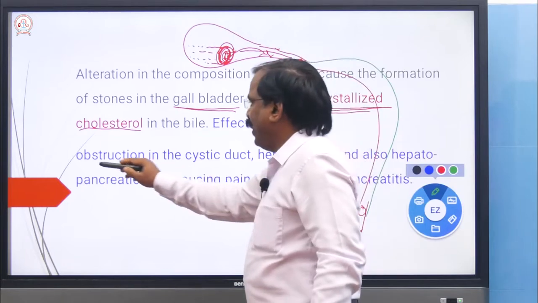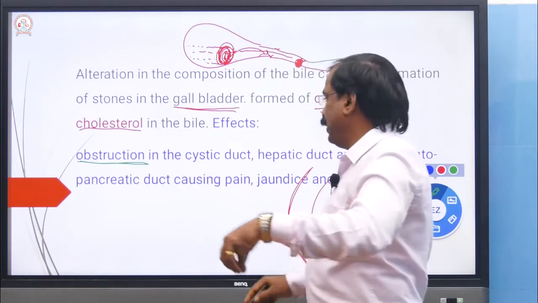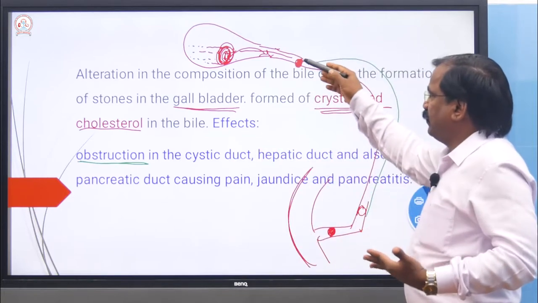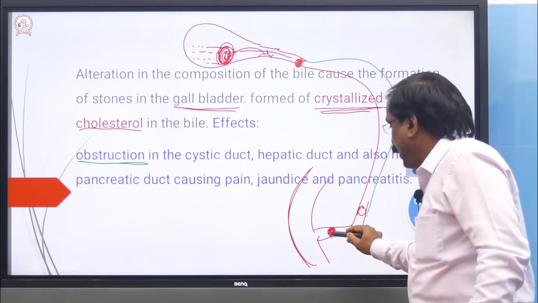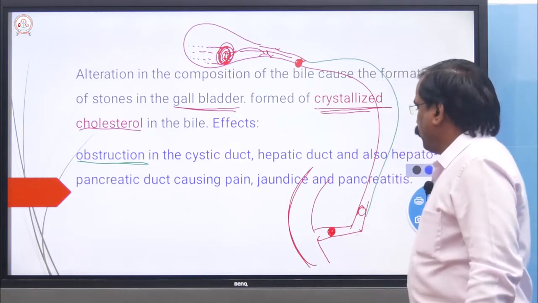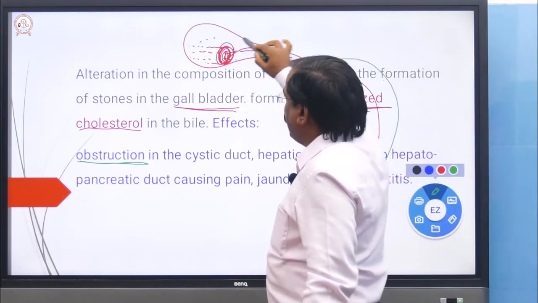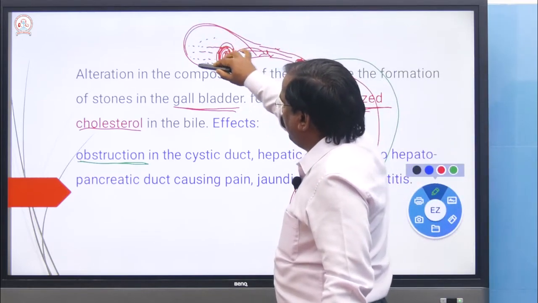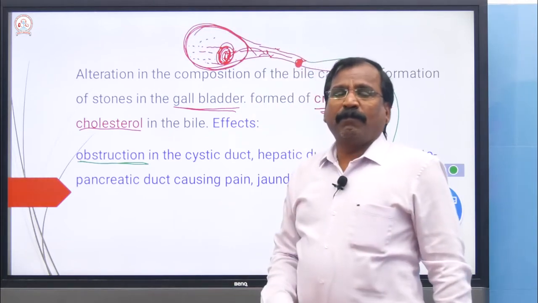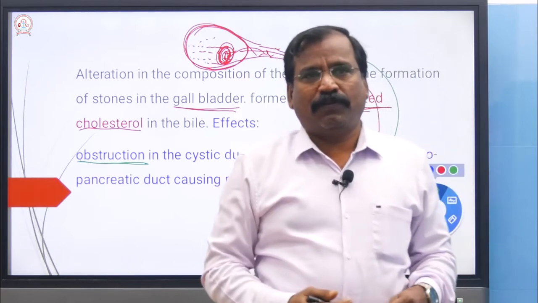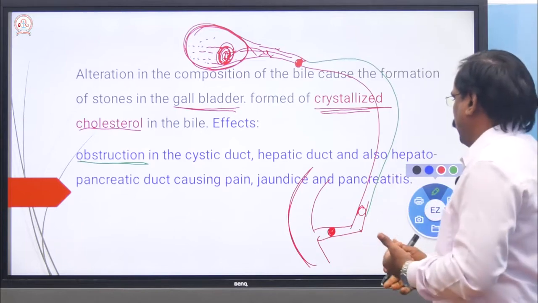So it blocks that duct, maybe the cystic duct or the bile duct or hepatopancreatic duct, so there is a blockage, and the bile is not drained, which is accumulated in the gallbladder itself. As a result, some pain.